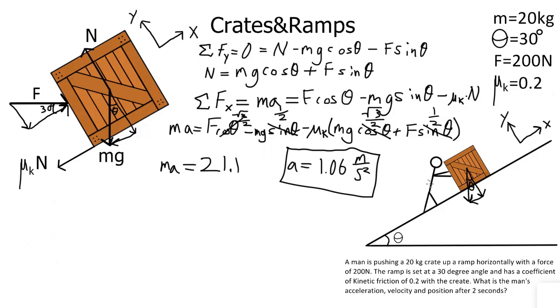It just seems a little awkward, like why would this guy be pushing and having it go at a constant acceleration? But it helps us out in the end, because having a constant acceleration means it's really easy to get our velocity and position for the problem.